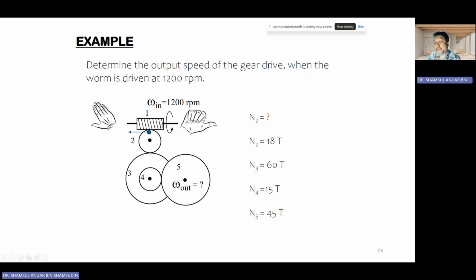Since it is restrained, so that it can just rotate about its axis, the mesh member will go in the opposite direction. So a point in 2 will go in that direction, causing counterclockwise direction.